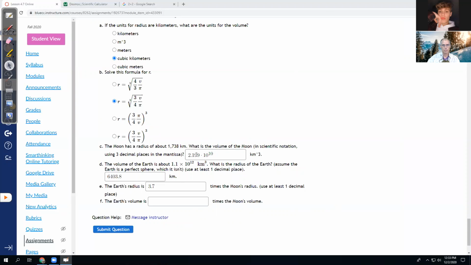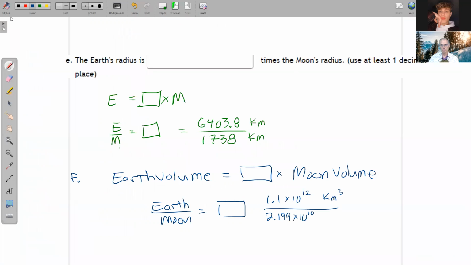Earth volume, 1.1 times 10 to the 12th, and the moon's volume is 2.199 times 10 to the 10th. So we have to divide those two numbers. On some calculators, you want to be careful about that, and you may need parentheses around these. They're both measured in kilometers cubed, but really I just need to get that division right. So try that on your calculator, see what you get.